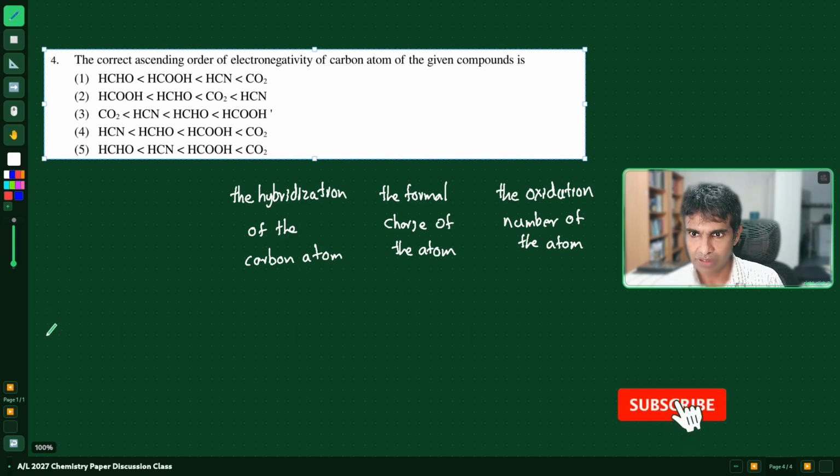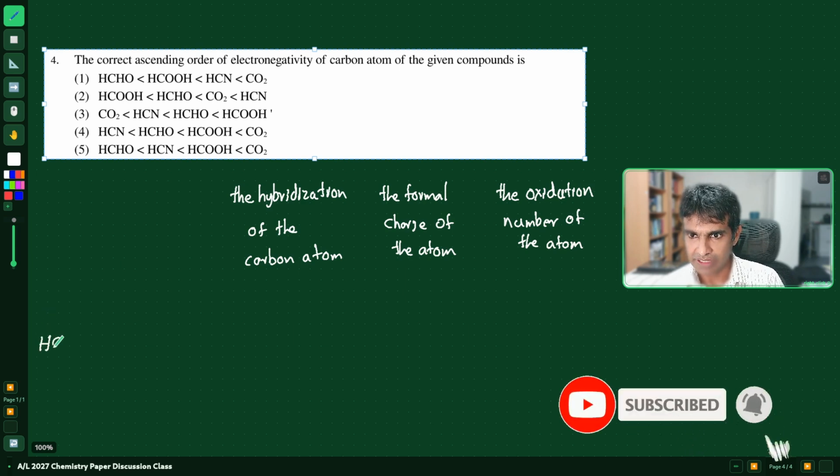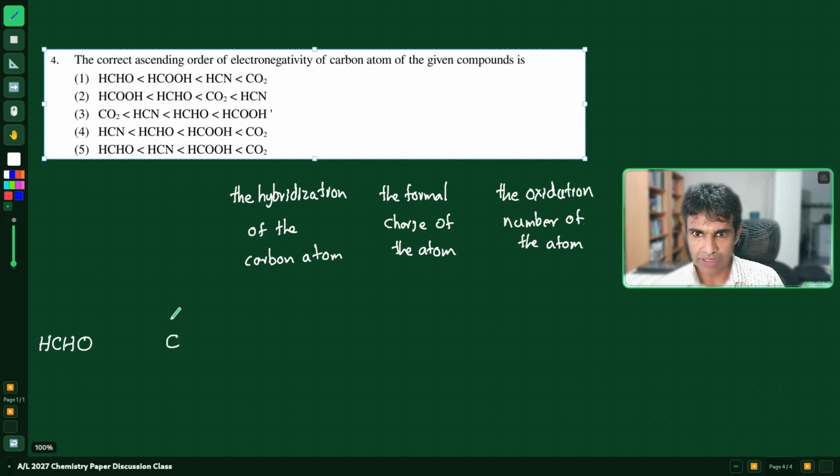First one, formaldehyde, HCHO. So central atom is carbon, 2 hydrogen atoms are there, 1 oxygen atom. Hydrogen, a single bond, oxygen, a double bond.